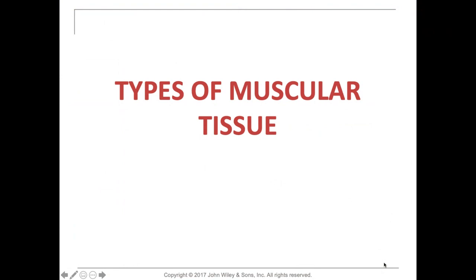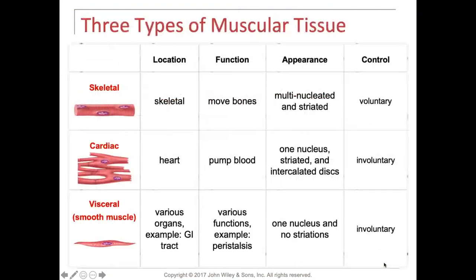So to review, I know we covered this when we did tissues and we talked about the four types of tissues, one being epithelial, two being connective, three being neural, and four being muscle. When we spoke about muscle, we said muscle comes in three different flavors, right? Skeletal, cardiac, and visceral.